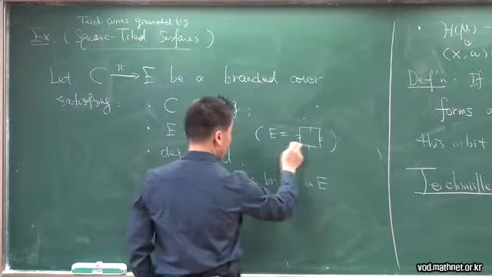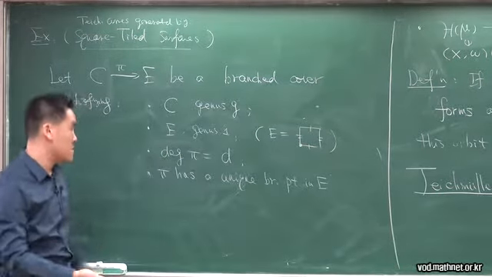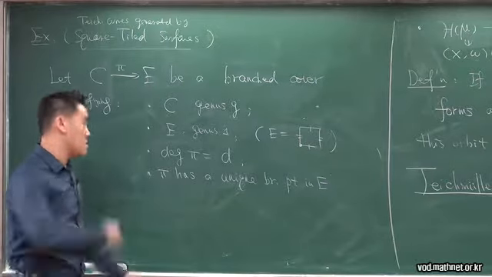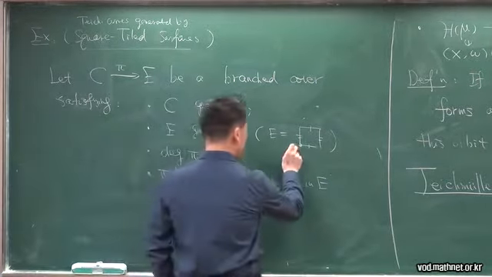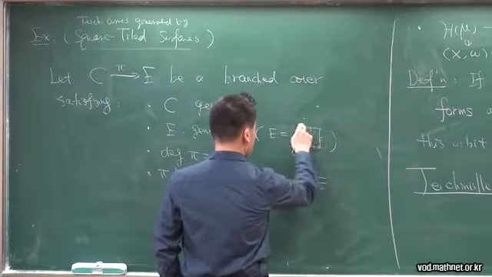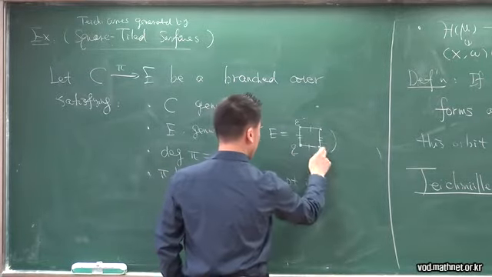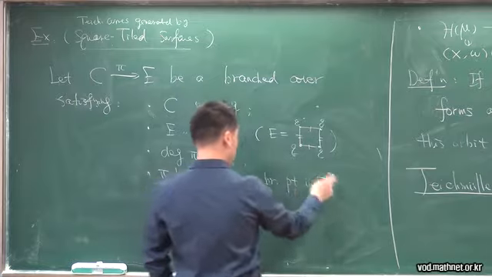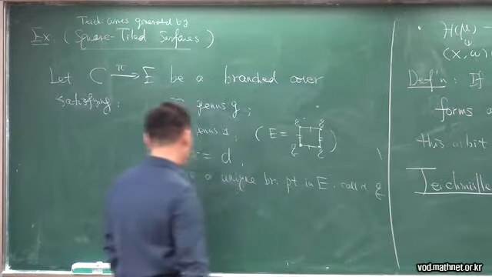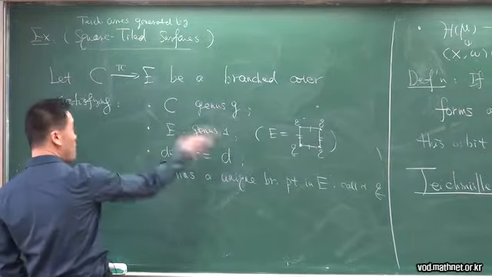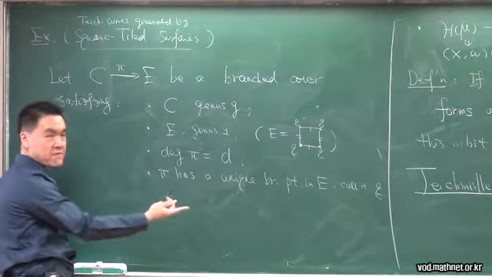So let's mark one point, because on a flat torus, up to elliptic curve translation, it doesn't matter which point you take. Let's call it Q. All these vertices now become Q. Take this point in E, call it Q. And finally, over Q, I have to tell you the ramification information.